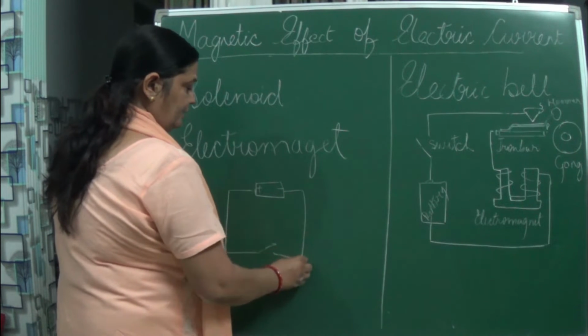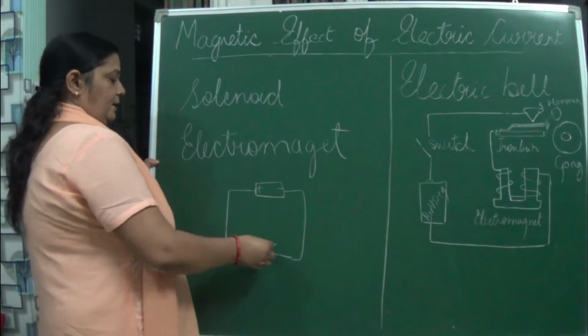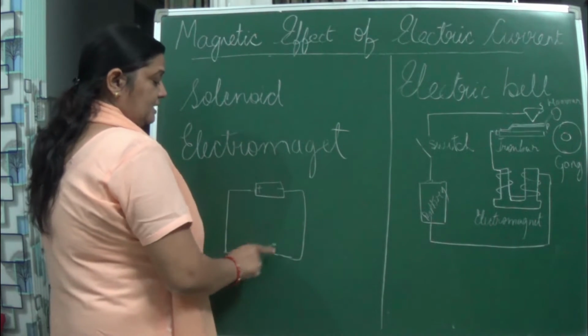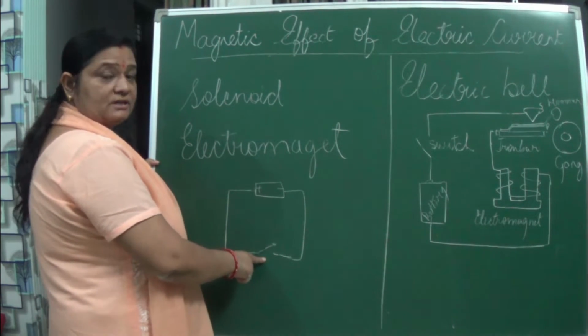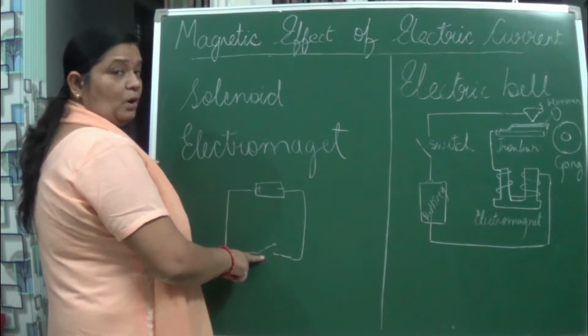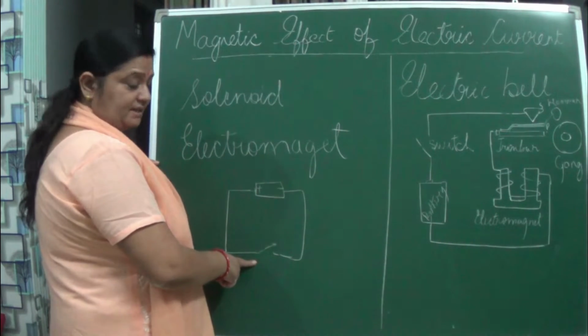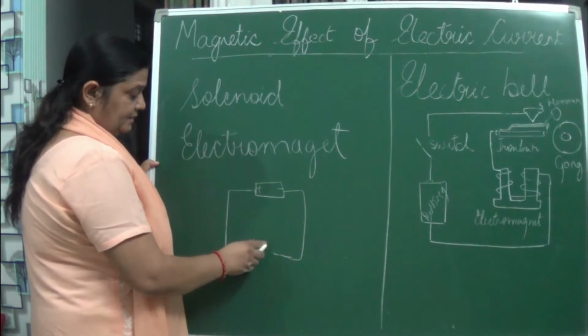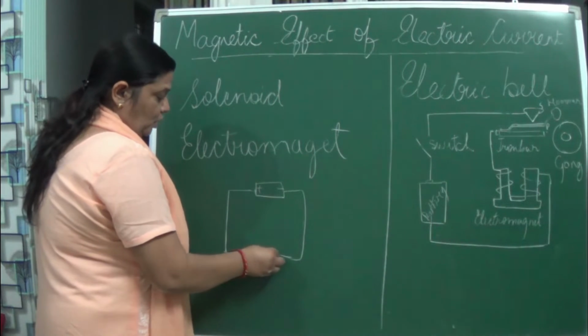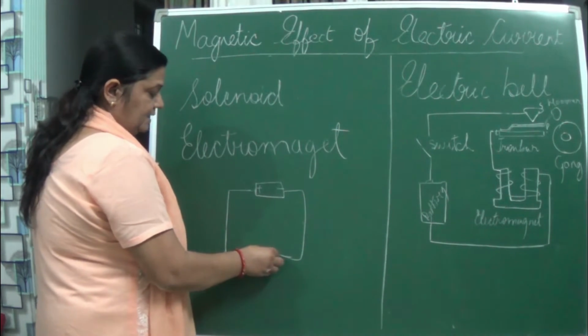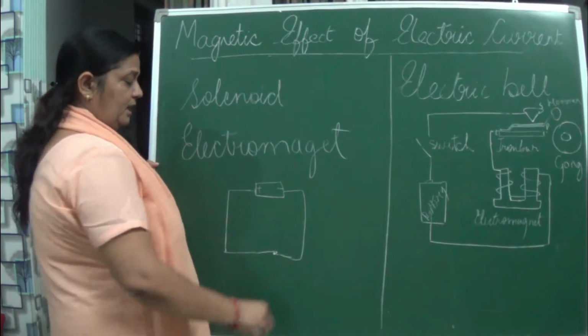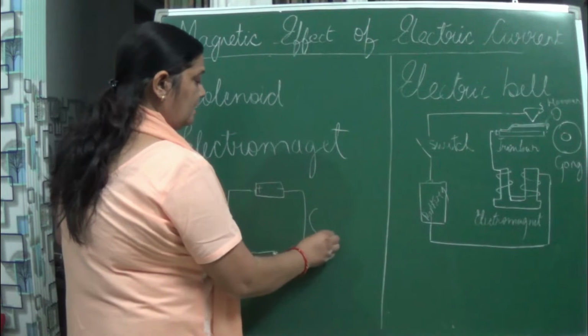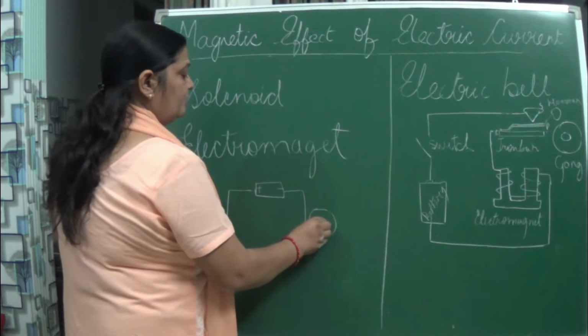When this is an open switch, this is not a closed circuit, this is an open circuit. As soon as we switch on, the circuit becomes closed. Keep a compass over here.